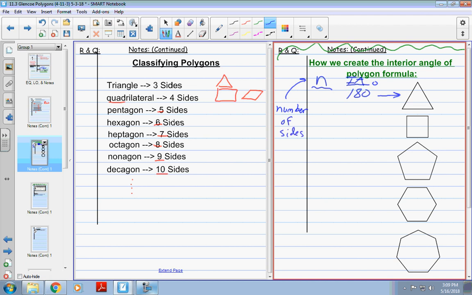Again, we're trying to figure out a pattern that occurs as we start cutting each shape up into more and more triangles, the one we actually knew to start with. So N is always going to stand for number of sides in this lesson.